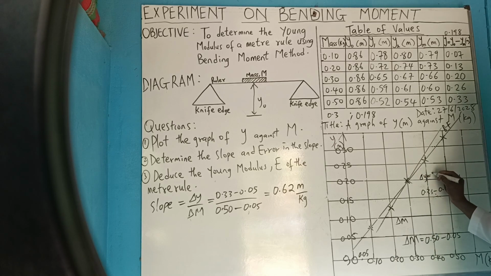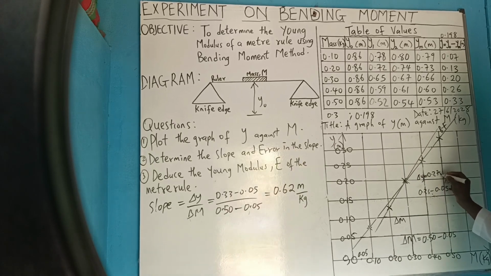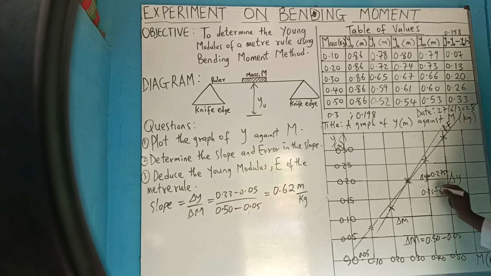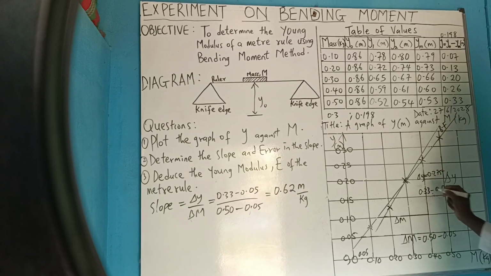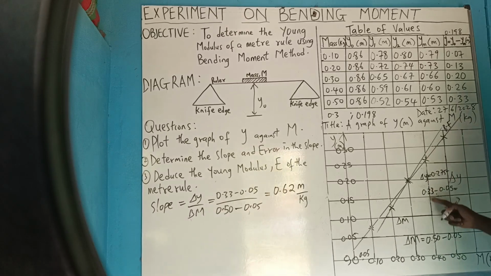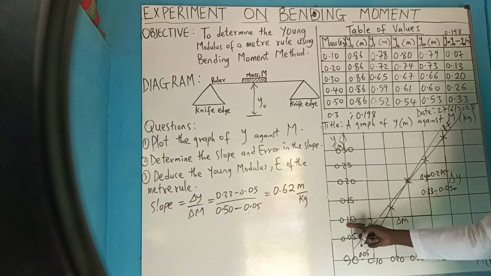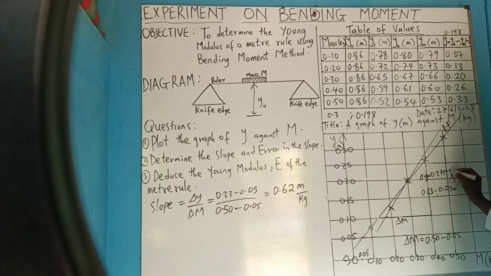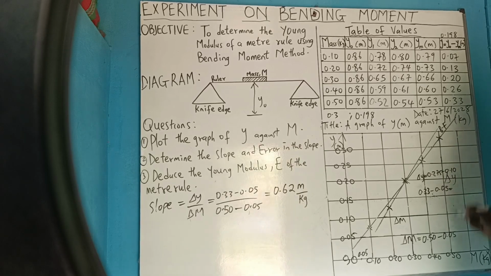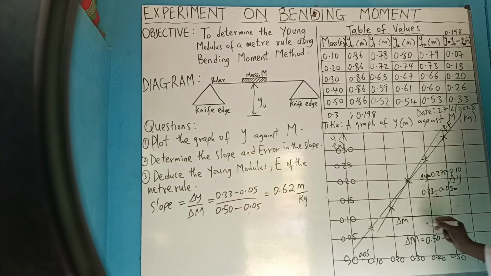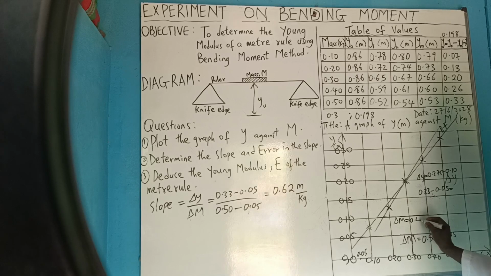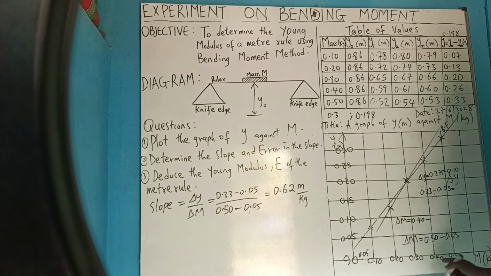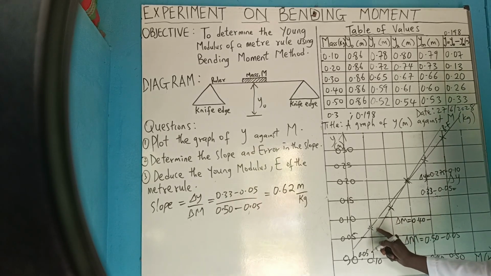You say here 0.275 minus, you take it here, 0.1. You note it. Then for horizontal, here is 0.40 minus, what about here?